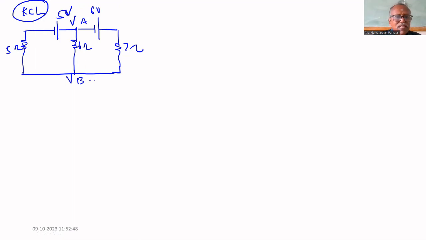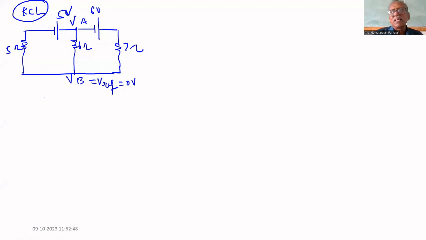Let us call VB the reference node. So how many nodes are left? Only one. We assume V reference equal to 0 volt. Now we have to find VA. If you know VA, that is the nodal method.